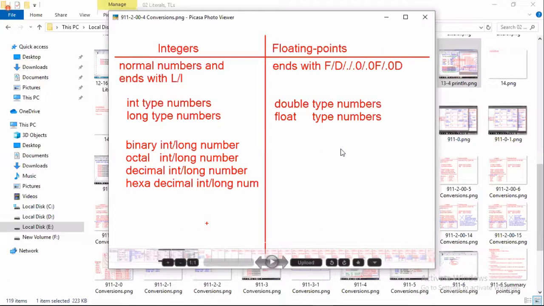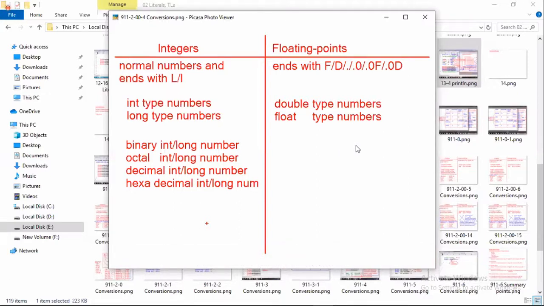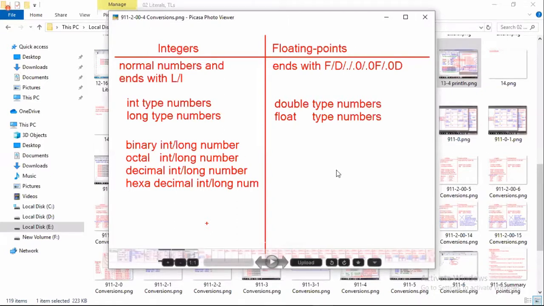Okay, does everyone understand? So now let me give the clarity. If you ask a question, what is the default data type of a decimal number, then you have to think carefully about the answer. He is saying decimal, meaning from an integer point of view or a floating point point of view.